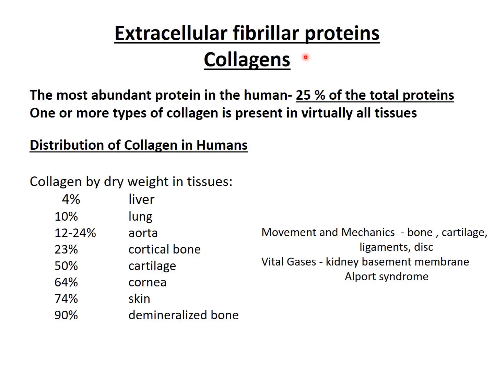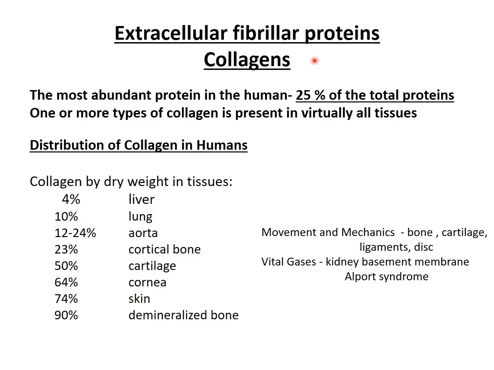I will focus today on one of the extracellular fibrillar proteins, collagens. But I wanted to remind you that you actually learned about another extracellular protein, which we called elastin. You may recall that it is very important to be deposited in extracellular matrices to give elasticity to the tissue.